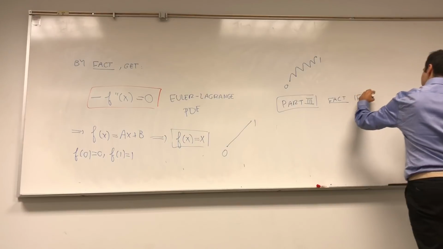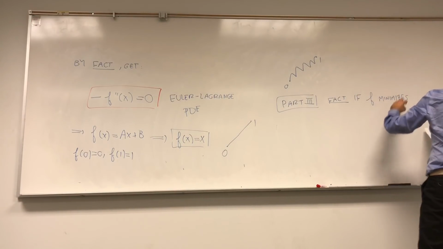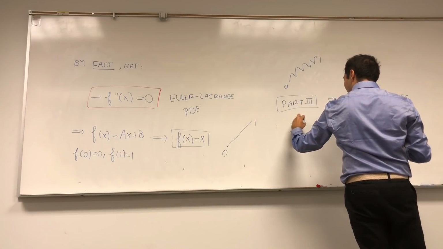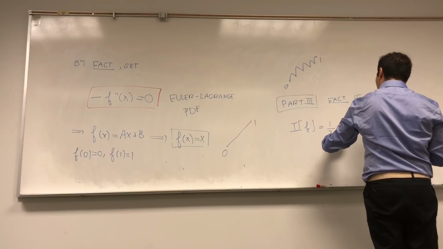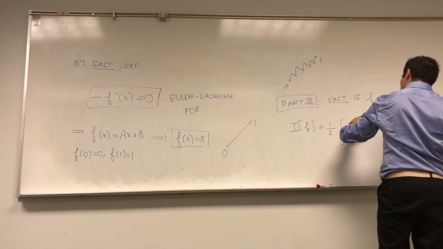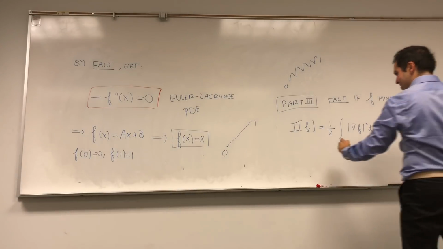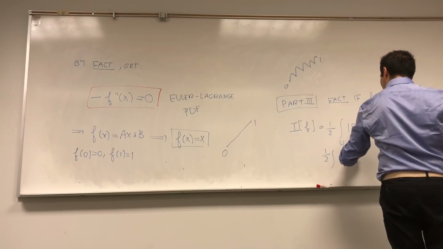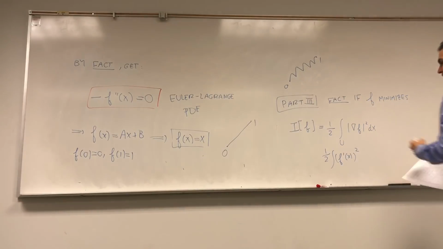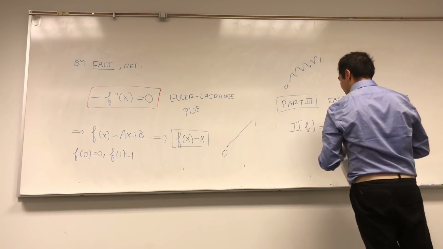If f minimizes the following functional, I of f, which is 1/2 integral of u, the gradient squared dx. So compare this with 1/2 integral of f prime of x squared. Literally the n-dimensional analog of this.